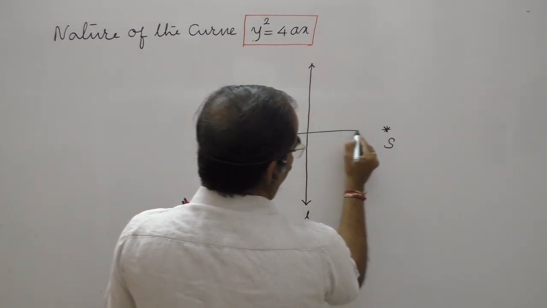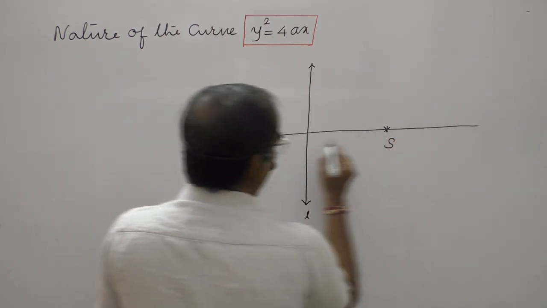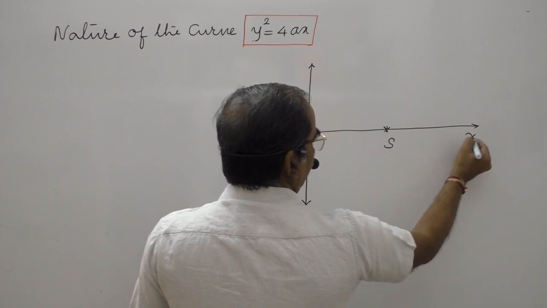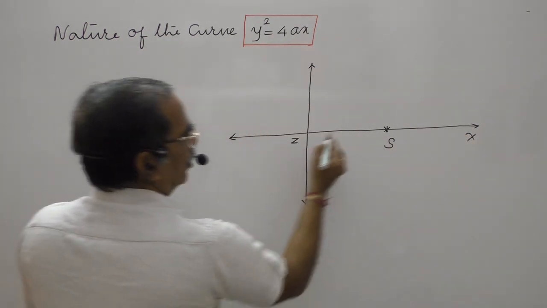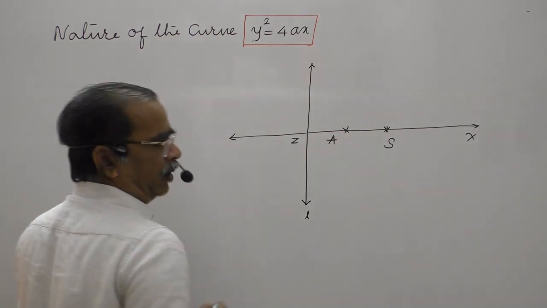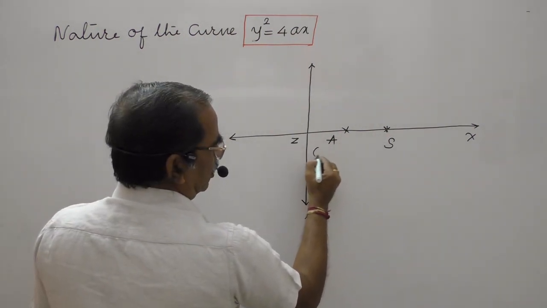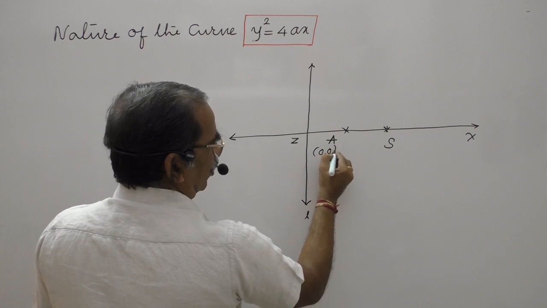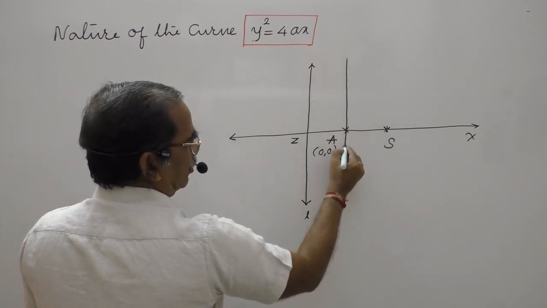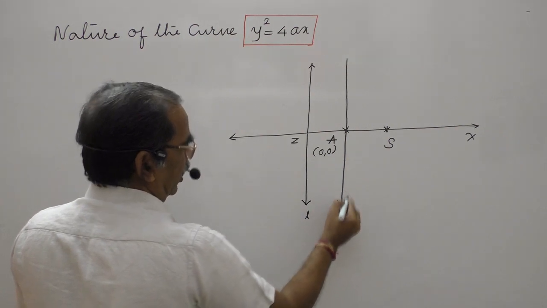Also, we have taken a horizontal line SZ as the x-axis. Taken the midpoint of SZ, capital A. We have chosen this as the origin. The line passing through A parallel to the directrix, what is this? This is the y-axis.